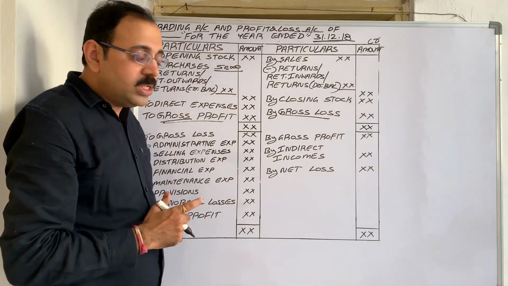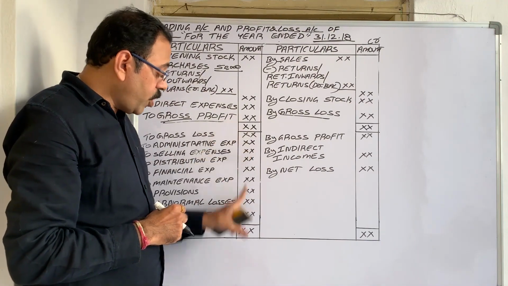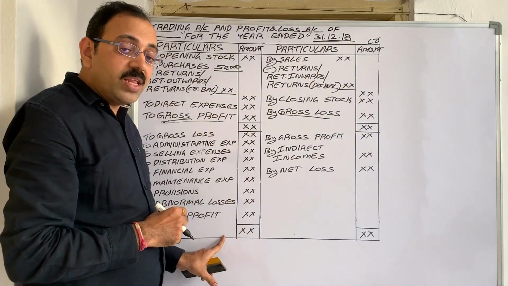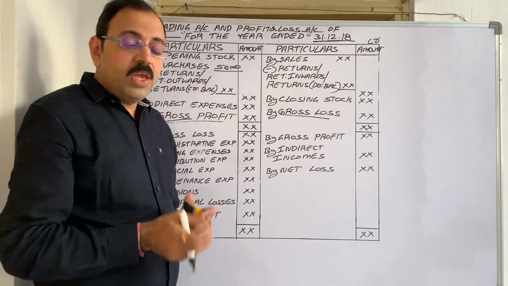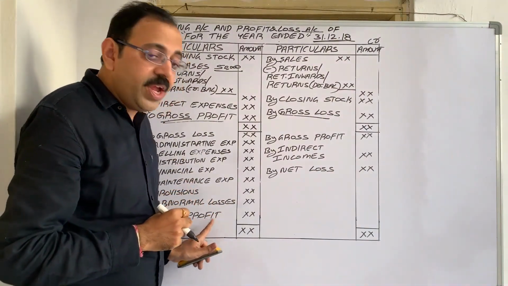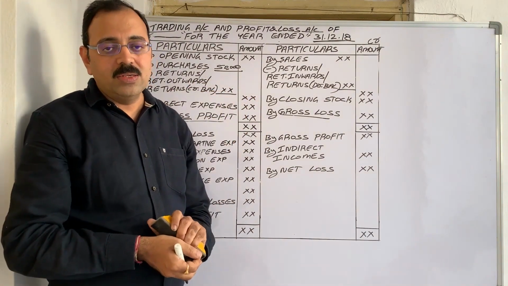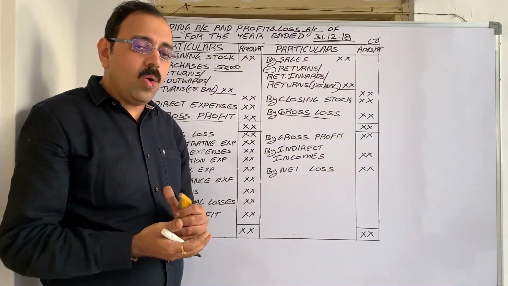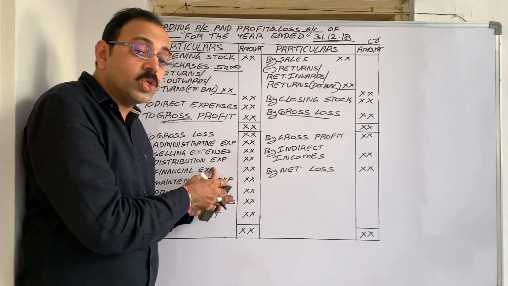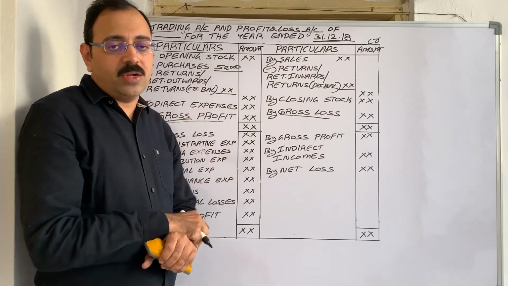No. Why do we calculate profit in two stages? There are some reasons. If you directly calculate net profit, you cannot know whether your sales are up to the mark or not. Similarly, you cannot know whether you have proper control on indirect expenses or not.